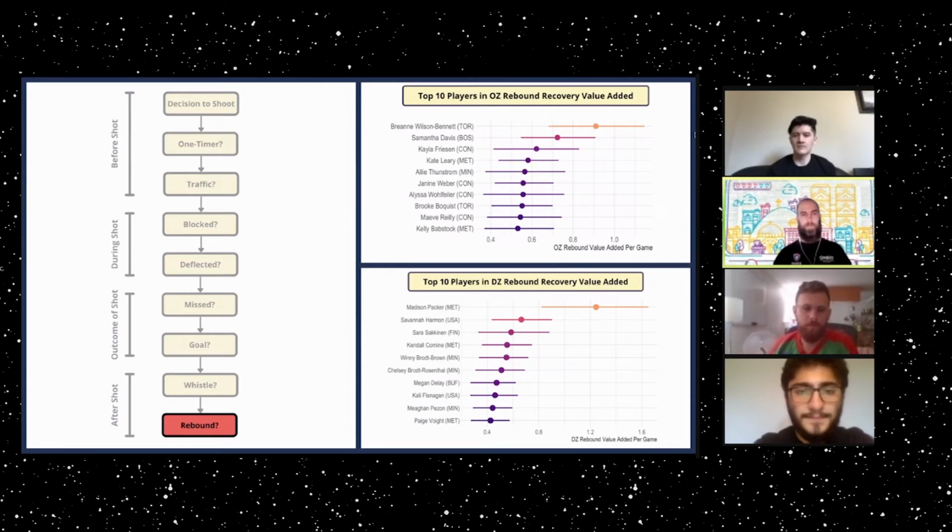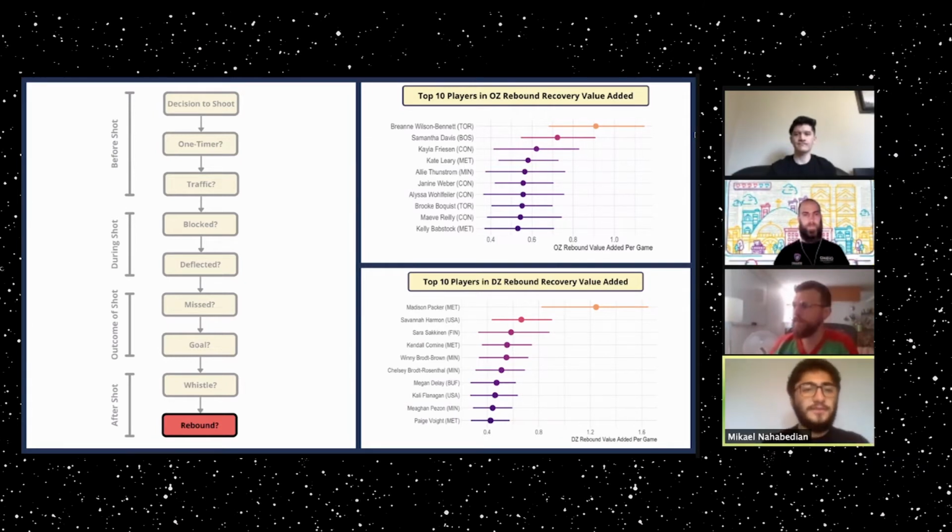So from a technical standpoint, recovering rebounds is contingent on three things. Recovering rebounds is basically winning puck battles. And to win puck battles, the first thing you need is a quick reaction time. Looking at the list for both the O zone and the D zone players listed here, we can all agree that all these players have quick reaction times. As you have that, you're able to get into the battle to recover the puck.